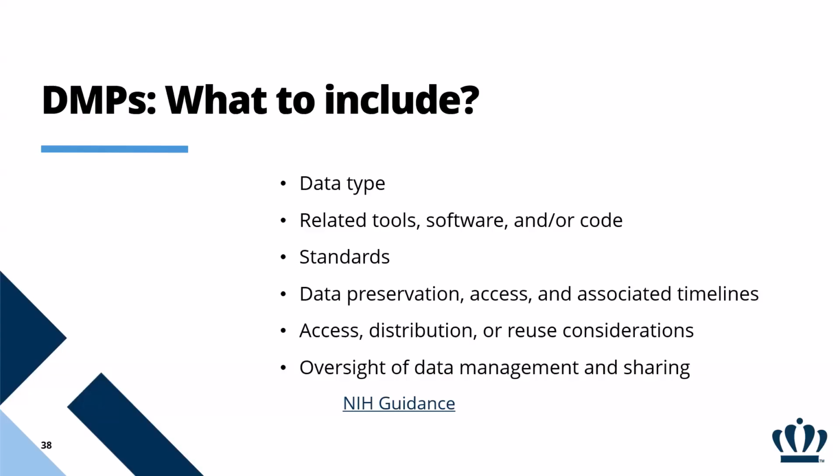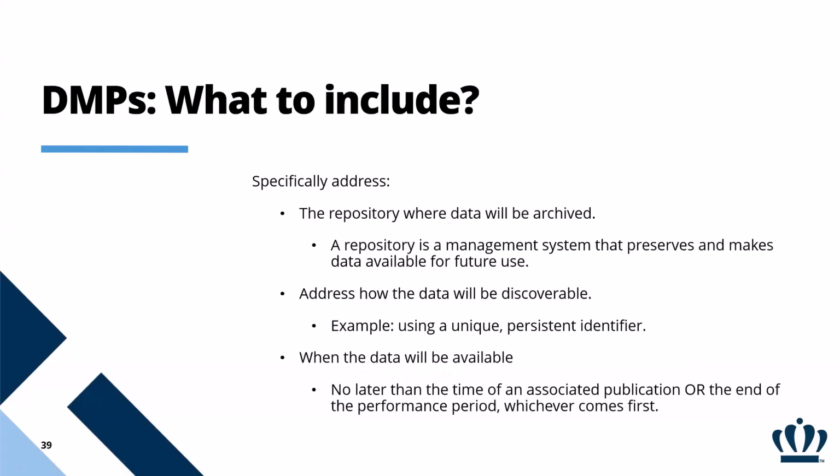And then lastly, oversight of data management and sharing. So funders are starting to ask, how is the plan going to be managed and who is responsible for carrying out the plan? And the NIH, at least, has gone a little further in their access section.